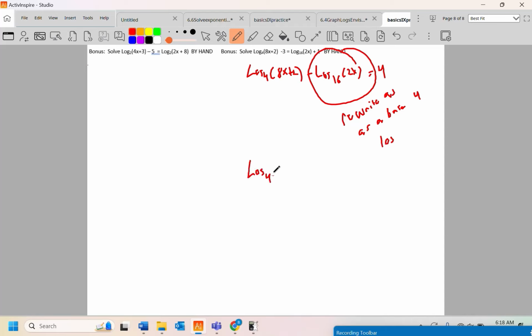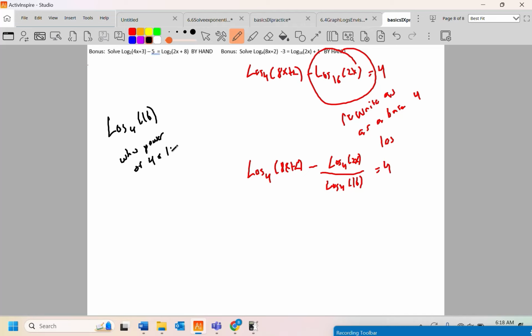So we got log base 4 of (8x plus 2) minus, change of base, log base 4 of 2x over log base 4 of 16, and that's still equal to 4. Now, log base 4 of 16 is something that Milbrath taught you to evaluate. Log base 4 of 16 says what power of 4 is equal to 16?